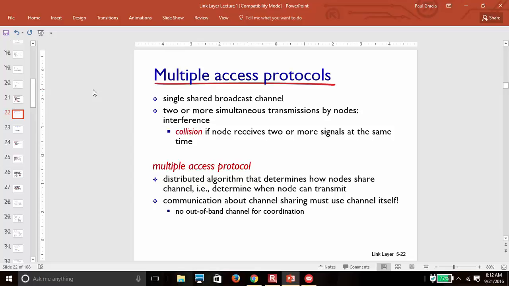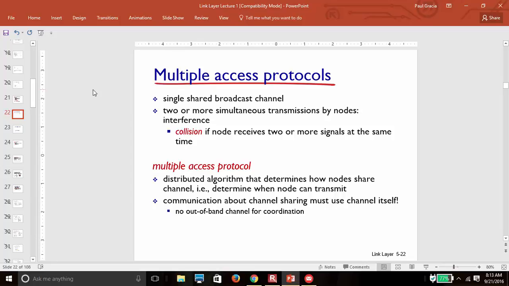A multiple access protocol is used when you have a single shared broadcast channel. This was a big issue with the old-fashioned Ethernet, less so for modern wired Ethernet, but it's also an issue for wireless. So it's an important concept. If you have a shared broadcast channel, you have to deal with the problem of a collision, where two nodes are transmitting simultaneously.